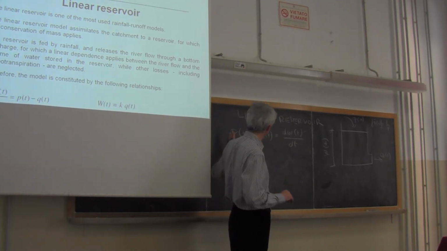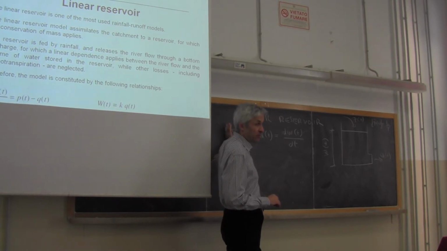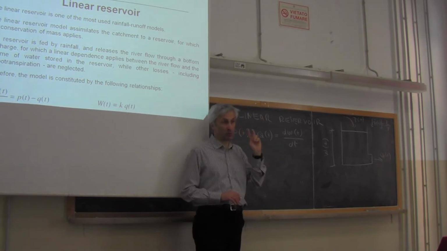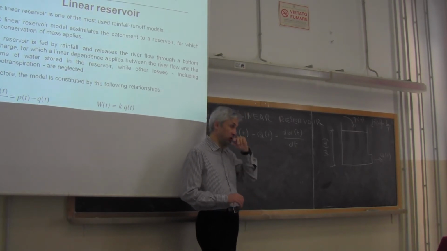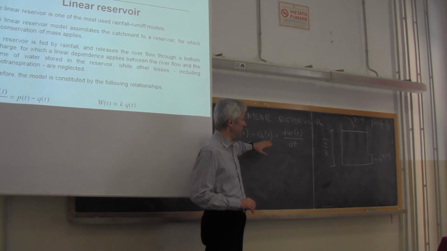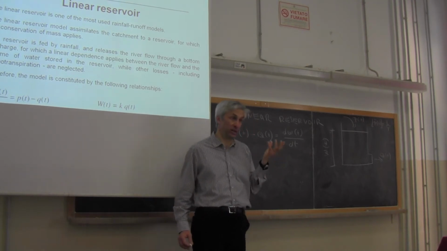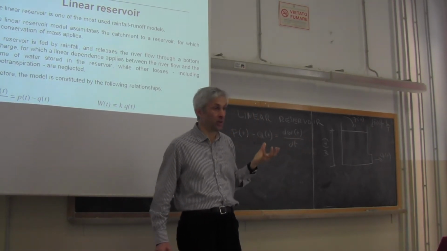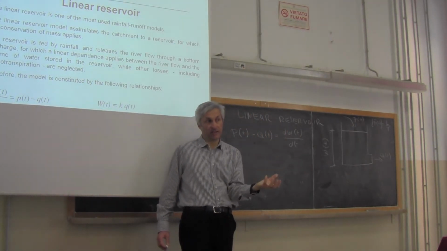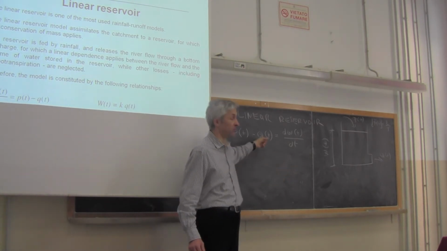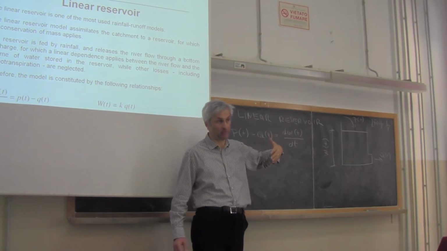If I want to subtract from rainfall the river flow, they have to be expressed with the same units. So either I assume that the river flow, the bottom discharge, is expressed per unit area of the catchment, and therefore you know that the discharge unit is volume divided by time, but if I express it per unit area, it becomes a length over time.